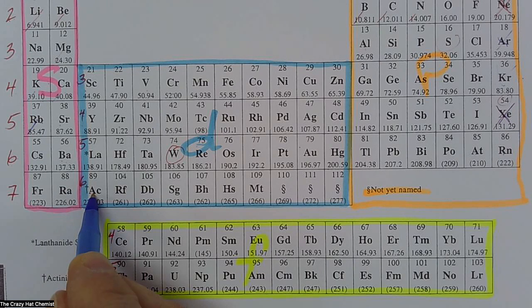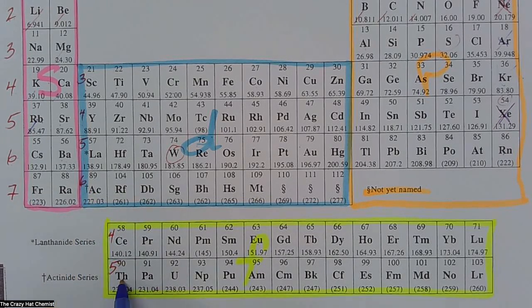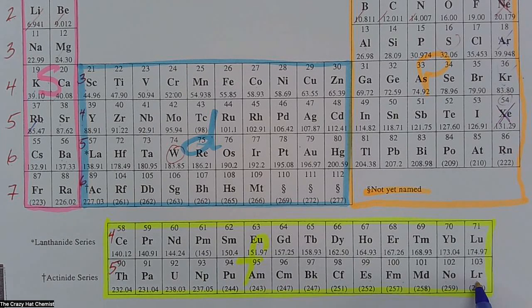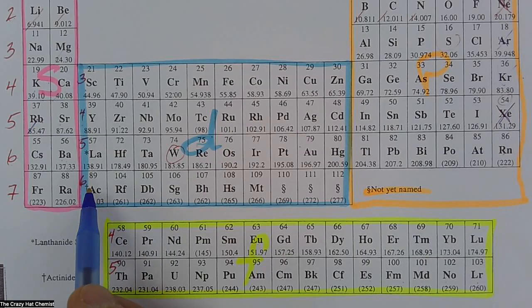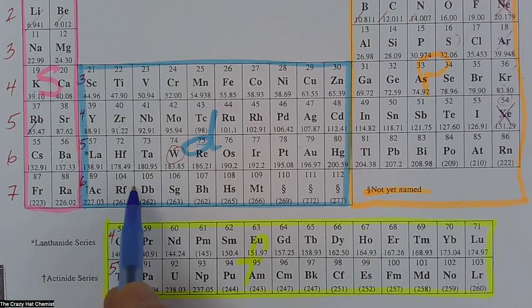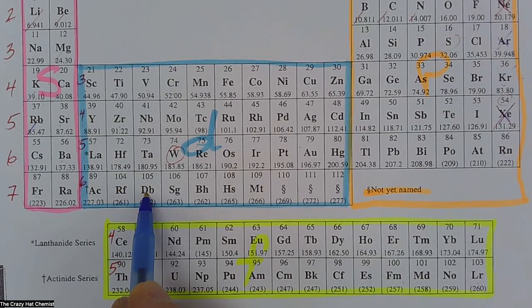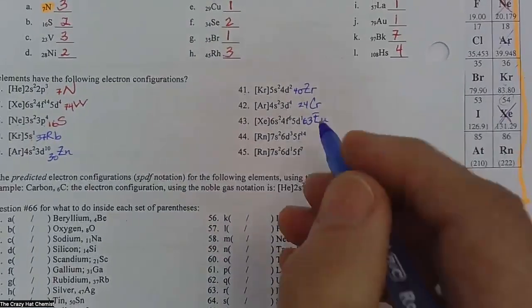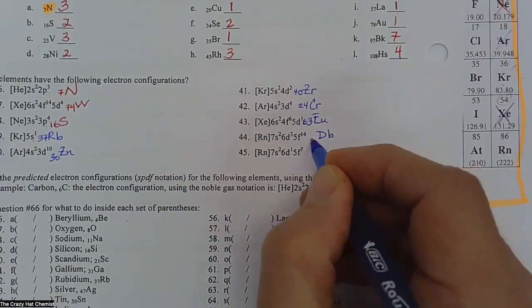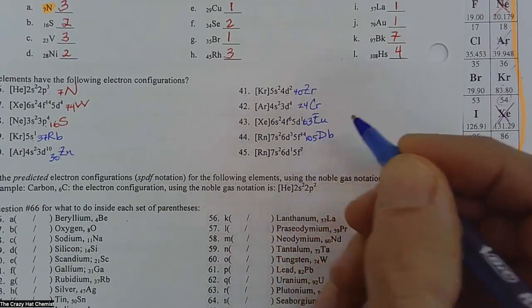Okay, and then 5f14, so 5f, 2, 3, 4, 5, 6, 7, 8, 9, 10, 11, 12, 13, 14, and then it was a 6d3, so 6d1, which we already counted, 2 and 3, and that is element number 105. So Db, number 105.